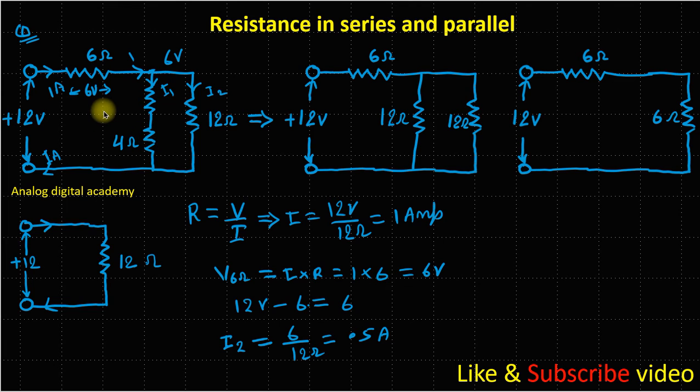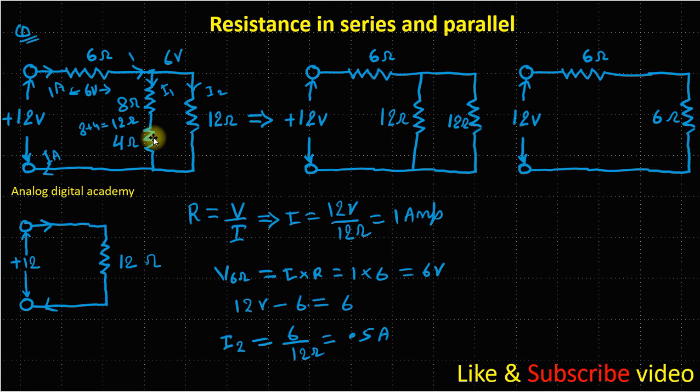You can assume both resistances are in series. Sorry, this is the 8 ohm resistance, and this is the 4 ohm resistance. So what will be the equivalent? The equivalent will be 8 ohm plus 4 ohm, equal to 12 ohm. So 12 ohm is the equivalent resistance here.